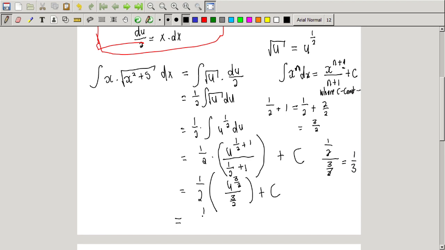So it's going to be 1 over 3 multiplied by u to the power of 3 over 2 plus c.